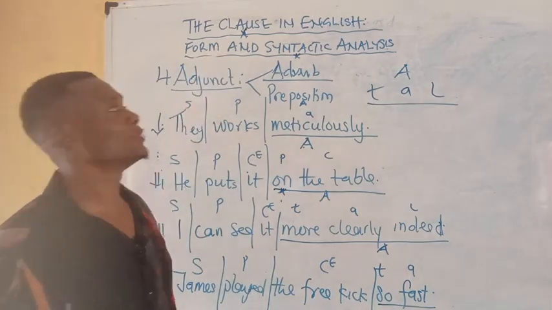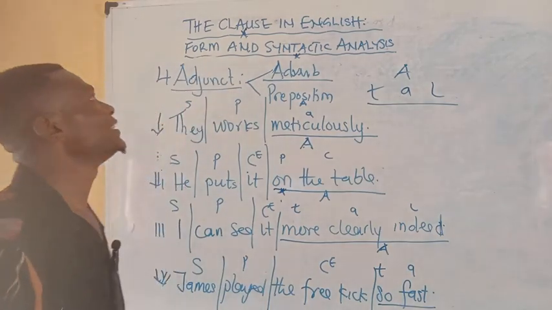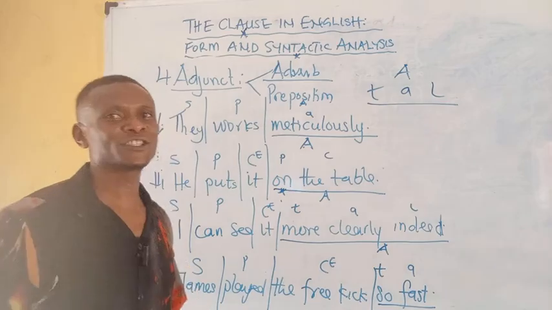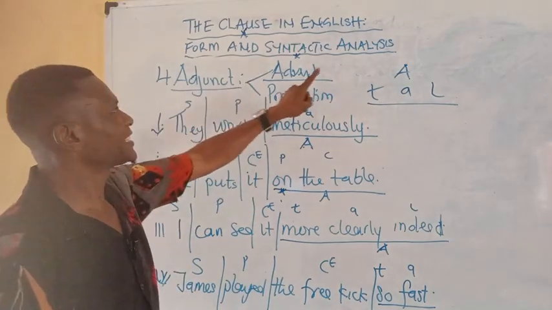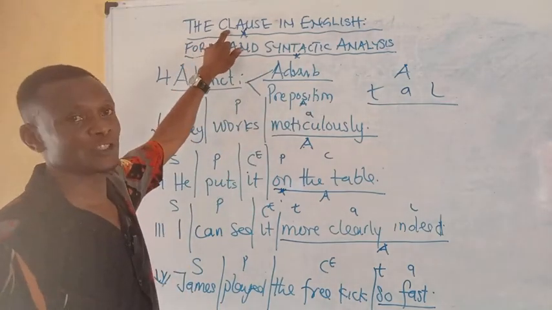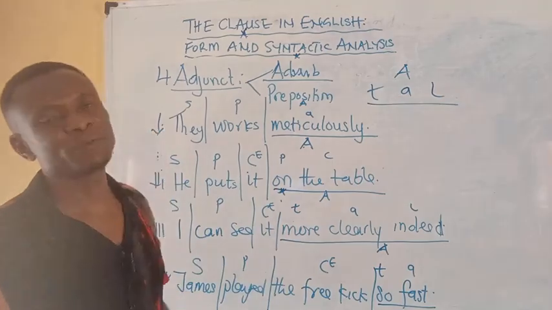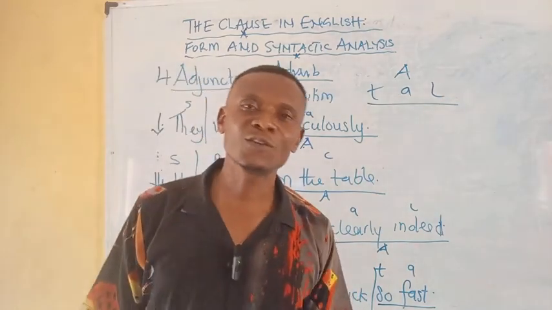These are the elements of a clause structure. So I've been able to do justice to the syntactic analysis of clauses, that is the English clause. If you go back to my previous classes, you will understand all these elements.